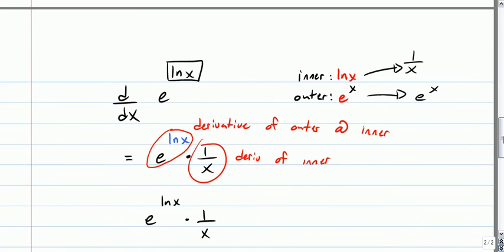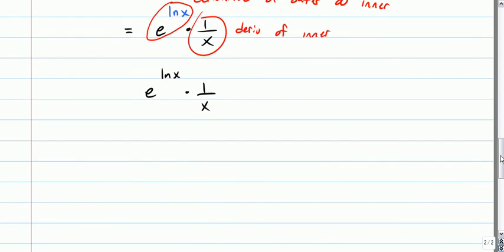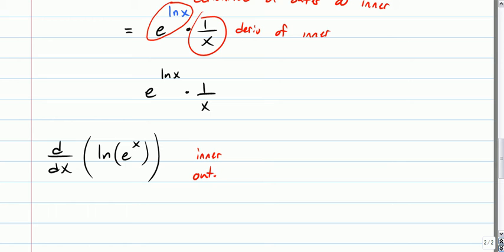I'm going to find the derivative of the natural log of e to the x. And then we'll come back and simplify. So I've got my inner, a new problem, and I've got an outer. The inner is e to the x, whose derivative is just e to the x.